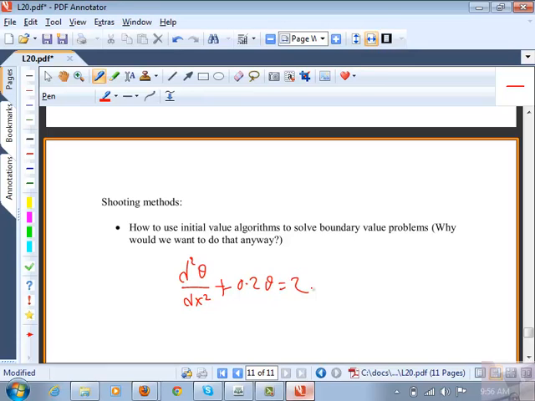So I start numbering from here up to n. Because it's a Dirichlet boundary condition at both ends, I know what they are, so I have only n unknowns and I get n algebraic equations. It's a fairly straightforward problem, so I can assemble the matrix and solve that. Because of the boundary value nature of the problem, every theta i depends on values on either side.